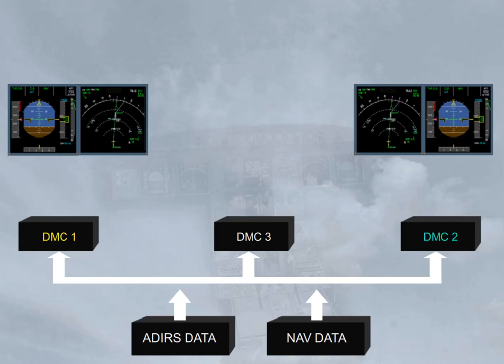The three identical DMCs process the data and generate the images to be displayed. In normal operation, DMC1 supplies EIS information to the captain's PFD and ND. DMC2 supplies the first officer's PFD and ND. DMC3 is available as a backup.